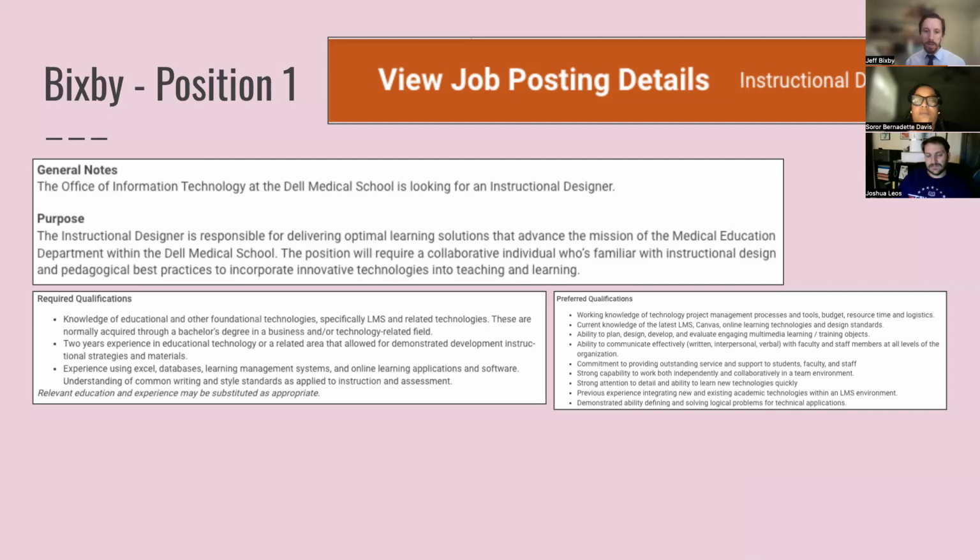But one of the things that Workday also provides is a jobs hub. And so this first position of instructional designer, specifically within the Office of Information Technology at the Dell Medical School, I found in the Workday Jobs Hub, just searching for keywords like instructional design.